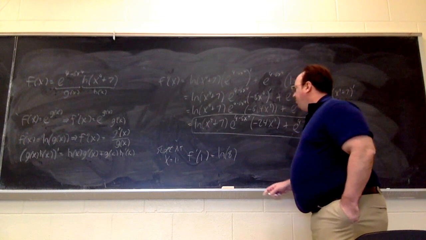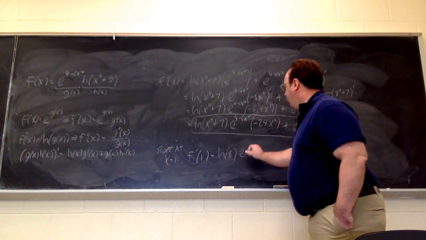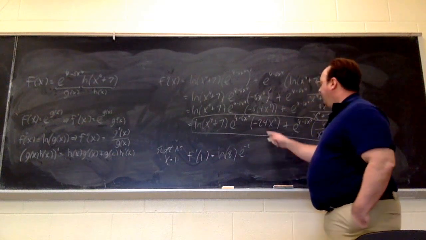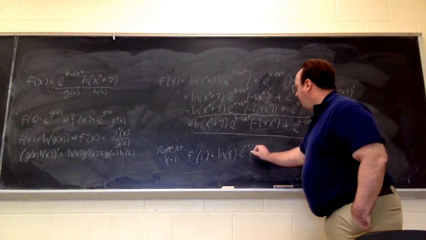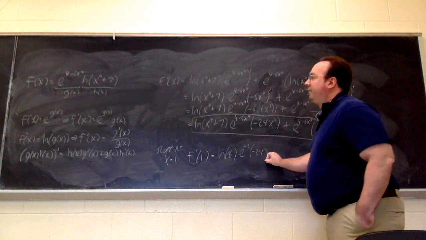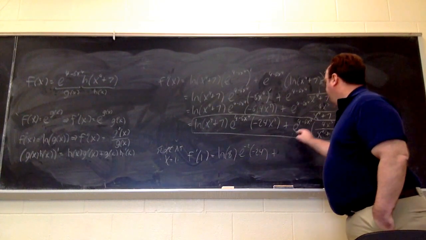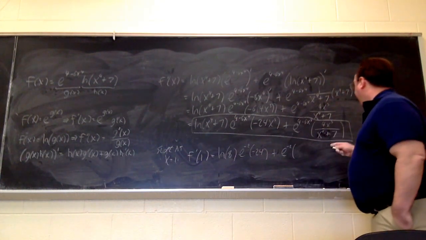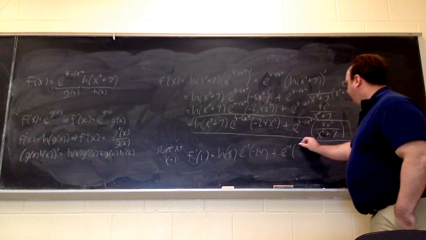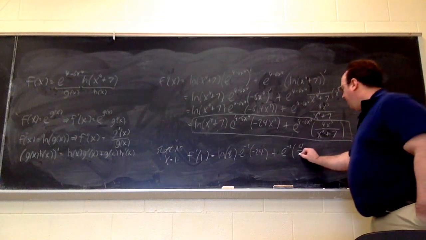And then if I plug x equals 1 into here, 4 minus 6, so it's going to be e to the minus 2, and then times minus 24x cubed. Well, 1 cubed is 1, so I just have minus 24. And then for the second term, I have e to the minus 2 again, and then I have 4 times 1 over 1 to the 4th plus 7, so that's 4 over 8.